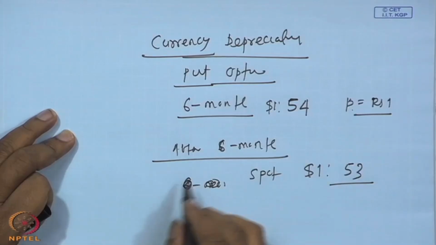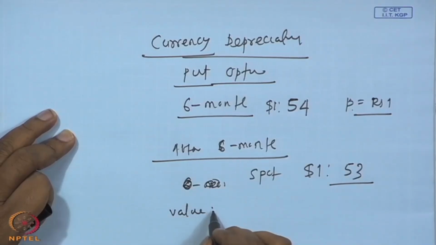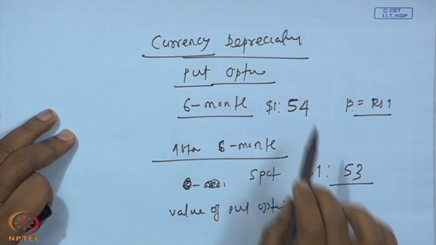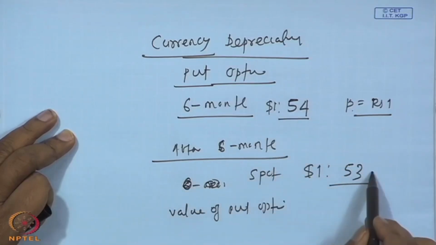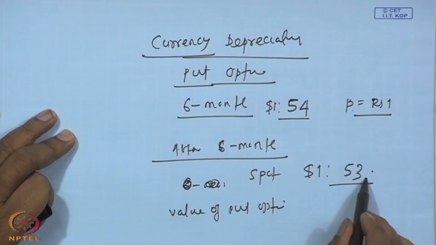Now, what is the value of my put option? Because my exercise price is 54 rupees but the market price is now 53, the value of the put option is the exercise price minus the spot price or market price.